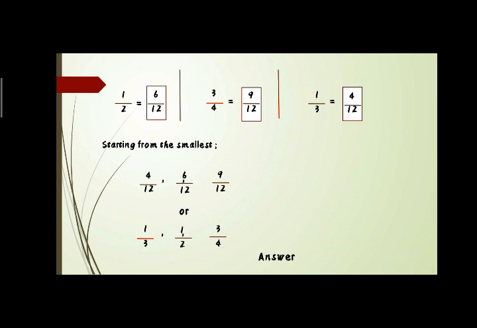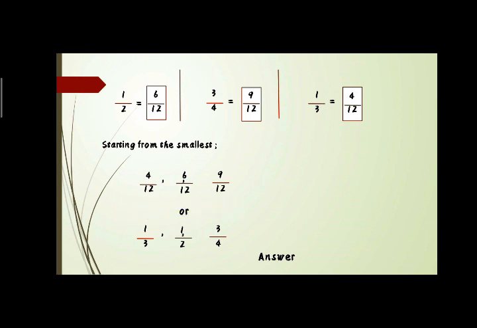Now 1 upon 2 is equal to 6 upon 12, 3 upon 4 is equal to 9 upon 12, and 1 upon 3 is equal to 4 upon 12, all showing the same denominators. On the basis of the shaded part, it is quite easy to identify the greater or smaller fraction number. 4 upon 12 is the smallest number because it shows the least shaded part, then 6 upon 12 and 9 upon 12.